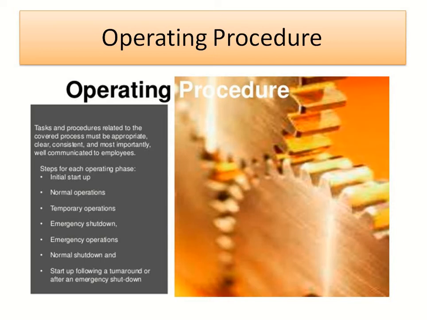Steps are given for each operating phase: initial startup, normal operations, temporary operations, emergency shutdown, emergency operations, normal shutdown, and startup following an emergency shutdown. So every employee should know the operating procedures, which are categorized differently from industry to industry.